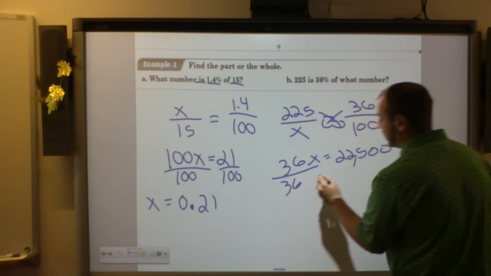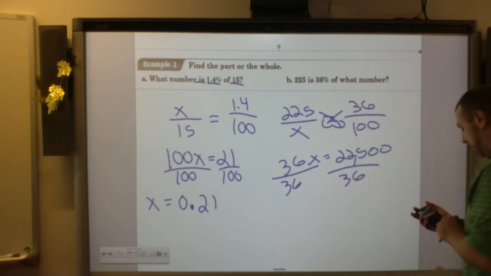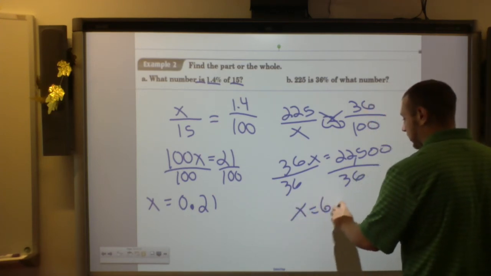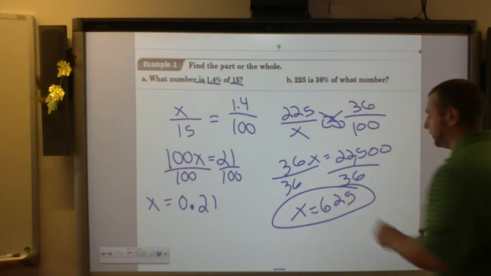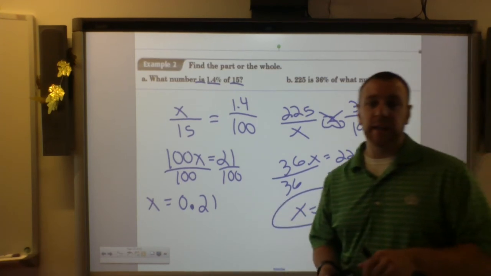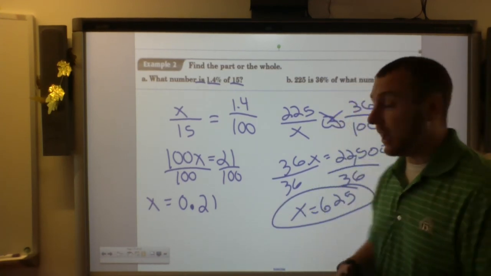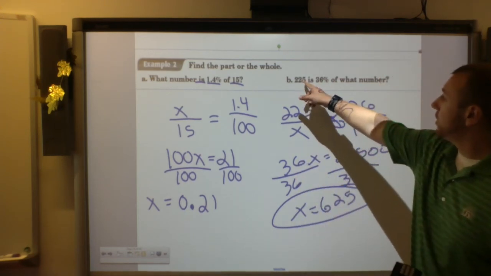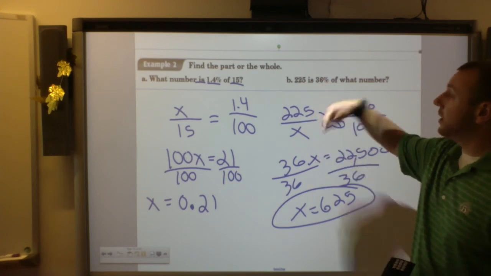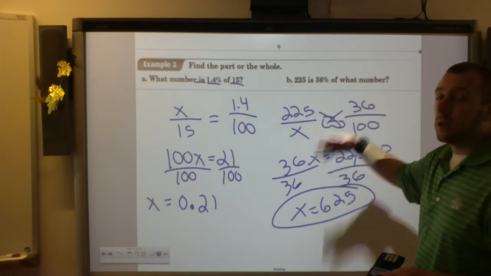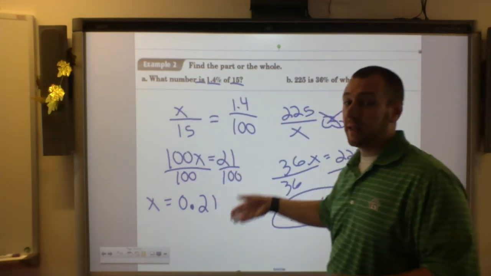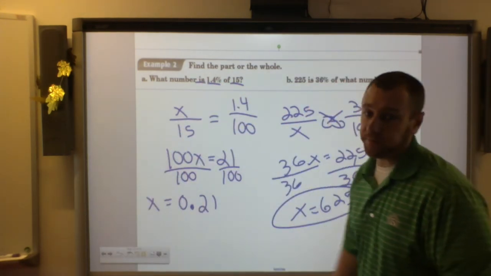I divide by 36, and I get x is 625. So every time I'm finding the whole or the of, I'm going to have a bigger number, typically, because 225 is 36%, meaning it's smaller than the big number. Every time I'm finding the is or the part, I should find a smaller number than the whole.